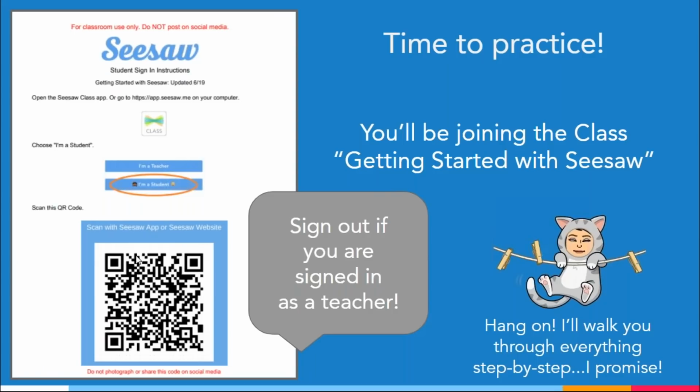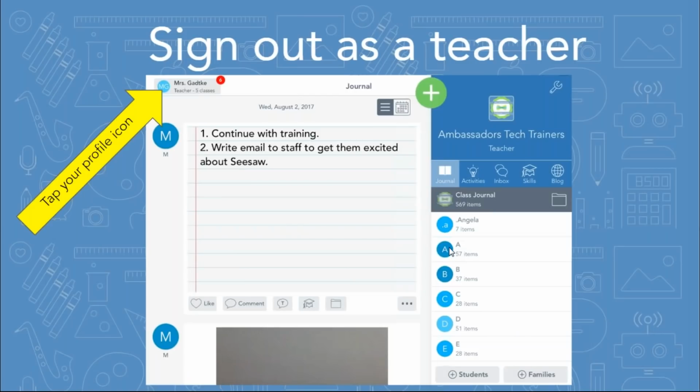Some of you maybe got super excited and already logged in as a teacher. So we're going to practice, but we're going to make sure you're logged out. I promise I'll get everyone signed in. Do not panic. If you're already excited and signed in as a teacher, please click on your teacher name in the upper left-hand corner. That's your profile icon.